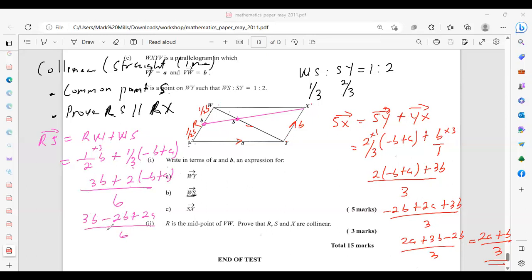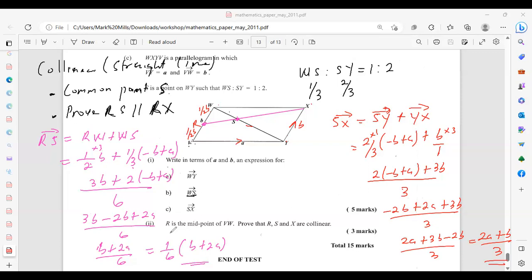So this gives B plus 2A over 6. So RS is 1 over 6 open bracket B plus 2A, the same thing.